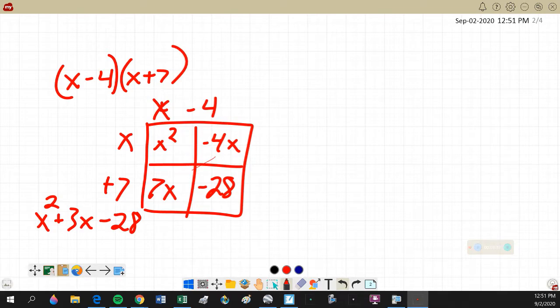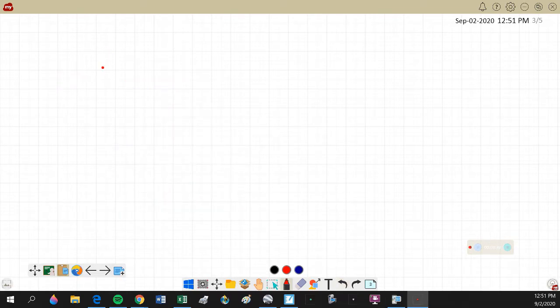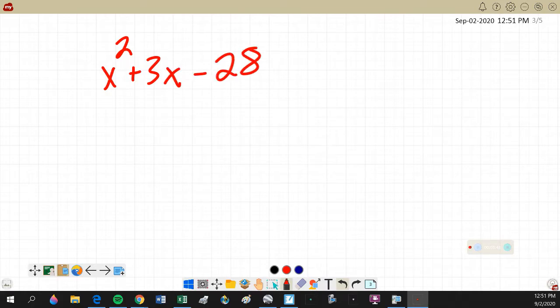Okay. Now, how can we deconstruct that? How can we go backwards, starting with x squared plus 3x minus 28? So, write this down. Yes, that's the question we're going to be asking.